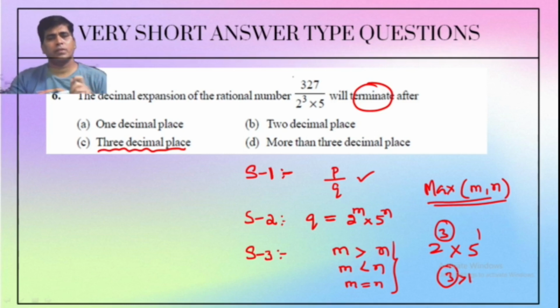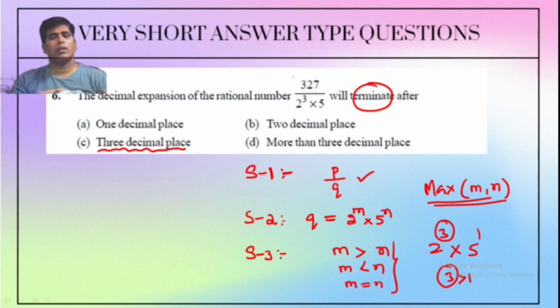Simple steps. Step 1, check whether the given rational number is in the standard form or not. Second step, since it is a terminating decimal, the denominator can be written as 2 to the power of m into 5 to the power of n, where m, n are non-negative integers.